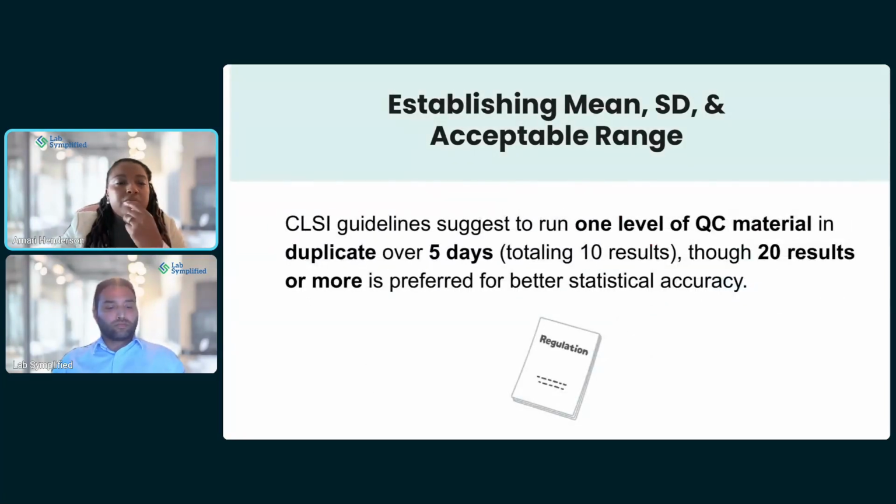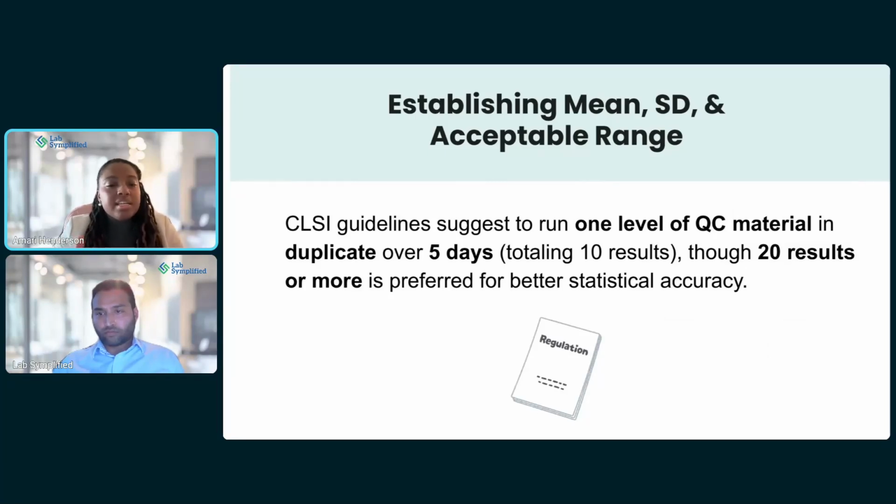And I did want to mention, the CLSI guidelines do suggest to run 1 level of QC material in duplicate over 5 days, totaling at least 10 results, although it is best to run 20 results or more for better statistical accuracy. A lot of times customers will want to just take the listed manufacturer mean and range and input that into their instrument.